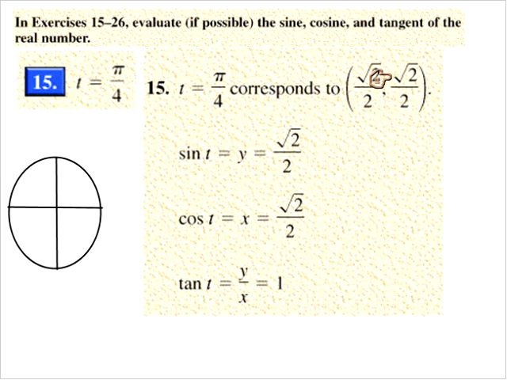So sine is your y value, cosine is your x value, and tangent is sine over cosine. So either way, you get 1 there. If we wanted to, we could say √2/2 times 2 over √2. And notice that simplifies to 1.